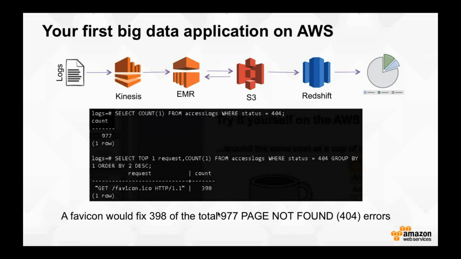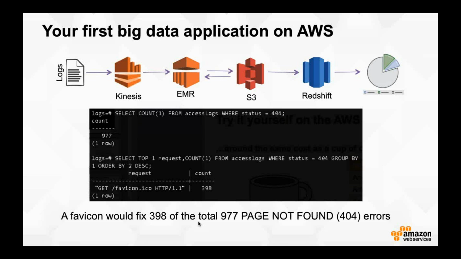You can of course use these building blocks, and as you can see, it's very simple to create them, and you can create far more complicated big data applications using these services. And we did all of this in less than 1 hour. So you can see how easy it is to get started with your first big data application using the AWS services.